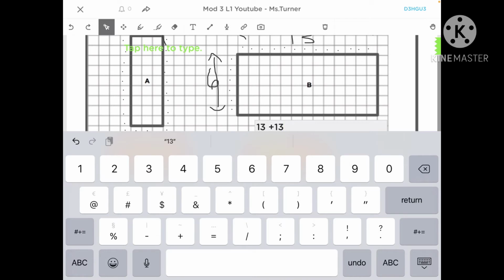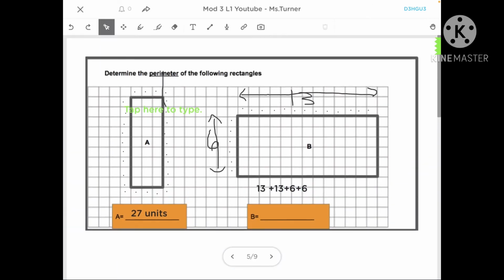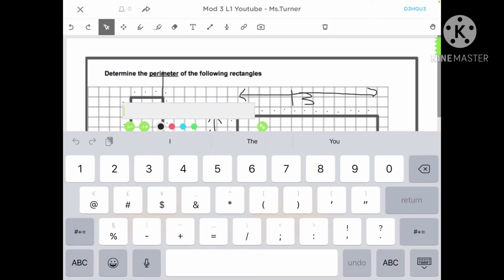And my width is 6. So I'm adding 6 plus 6. Well, I know that 13 plus 13 equals 26, and 6 plus 6 equals 12. So 26 plus 12 equals 38 units.